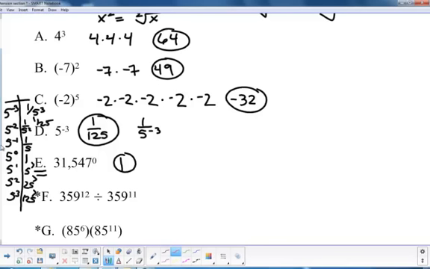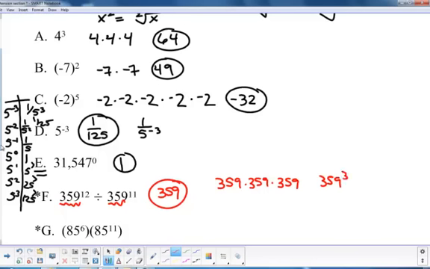In F, this means we have 12 359s on the top and 11 359s on the bottom. So that would mean we have 1 359 left. So like if you had 359 to the third divided by 359 squared.